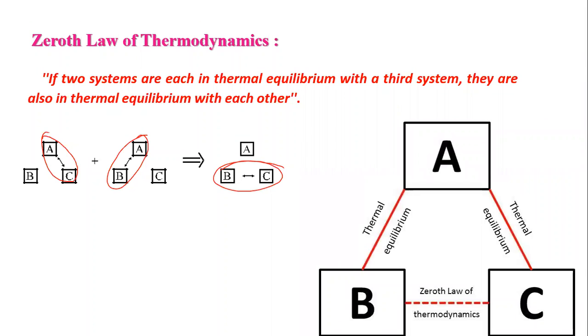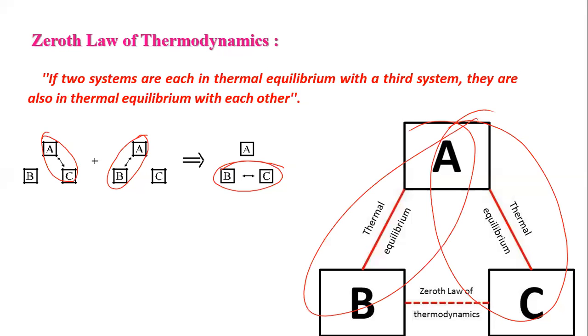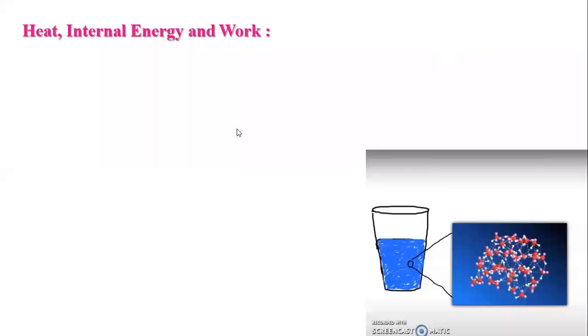You can see another diagram here. Again, A and C are in thermal equilibrium, A and B are also in thermal equilibrium. It means that B and C are also in thermal equilibrium with each other.